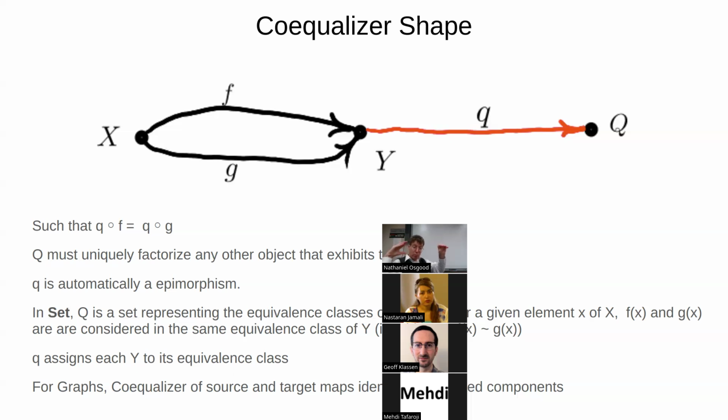A mapped by F and A mapped by G get collapsed to one vertex in Y. B mapped by F and B mapped by G get collapsed. And then there's going to be some edges between those collapsed things. Some come from where F mapped the edge between A and B, and some come from where G mapped the edge between A and B.